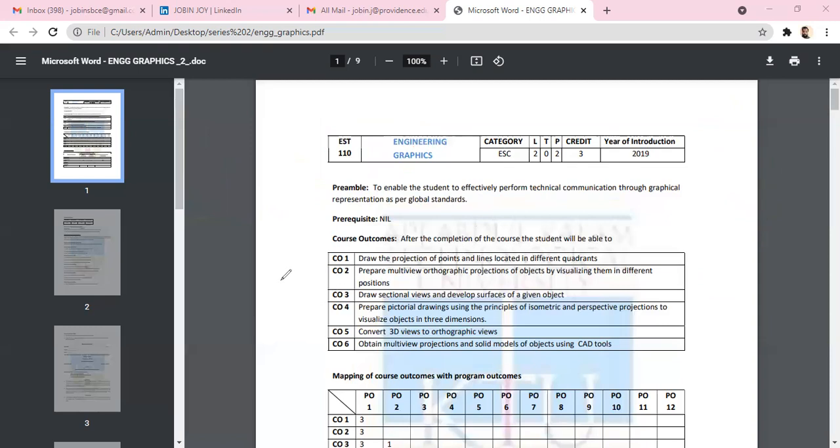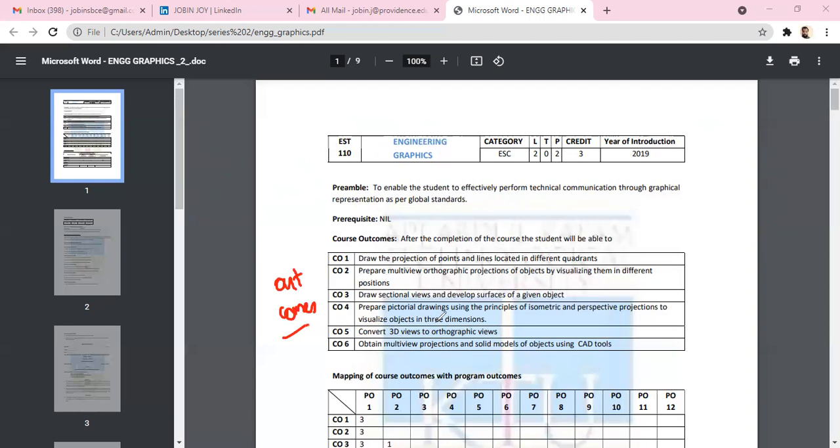So these are the outcomes. Once your course is completed, these are your outcomes, CO1, 2, 3, 4, 5, 6. You will get all these outcomes.